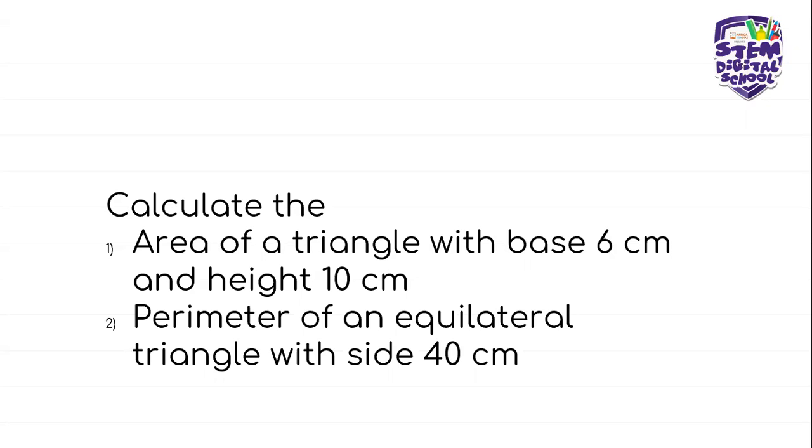And this has been proven in a rectangle, that if you take half of the base and you multiply that by the height of the triangle, you should be able to get the area of that triangle, which is different, by the way, from the area of a rectangle.